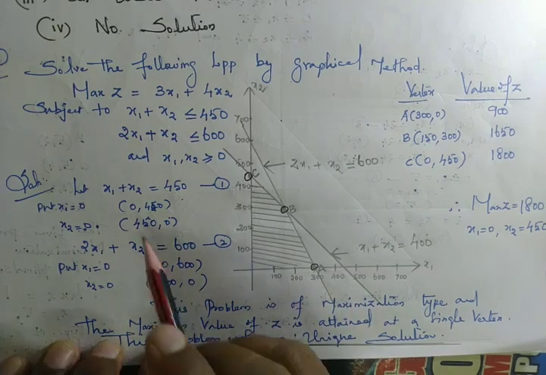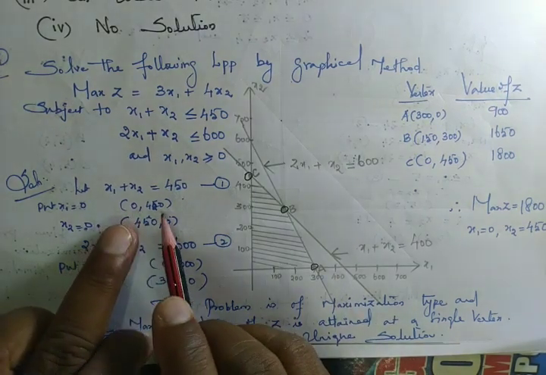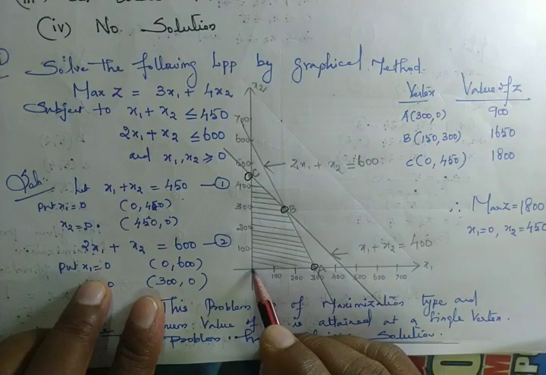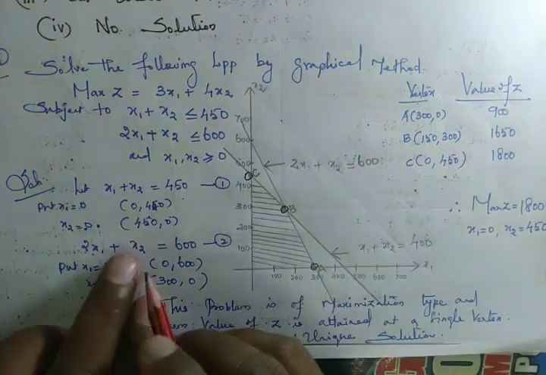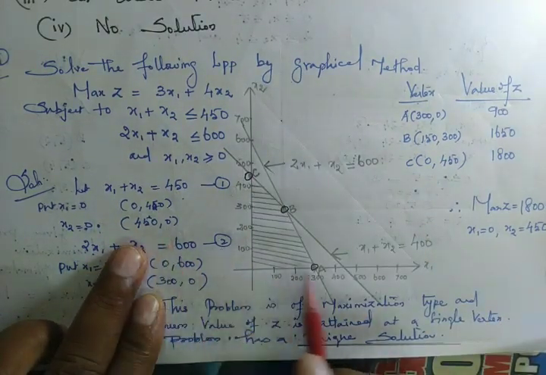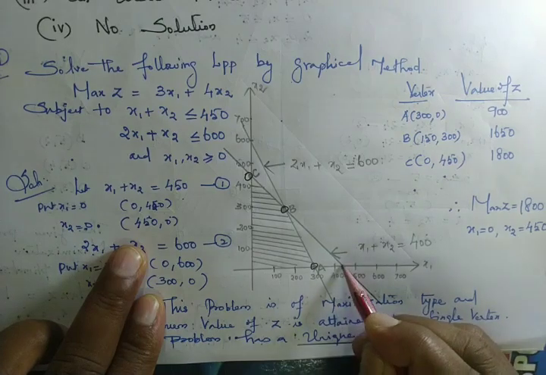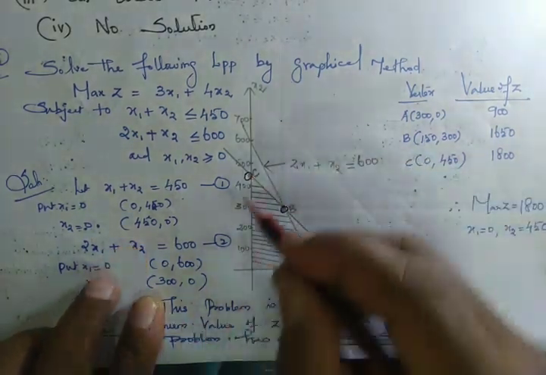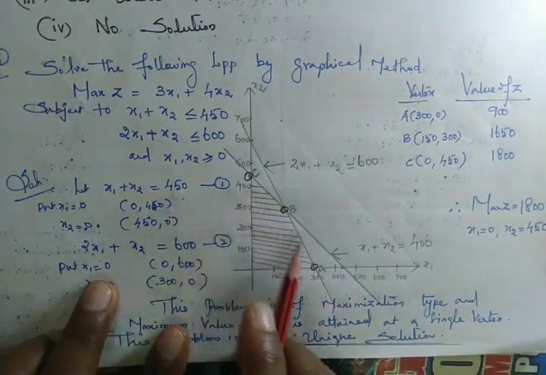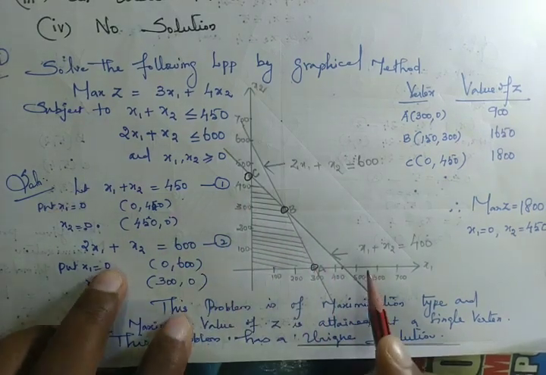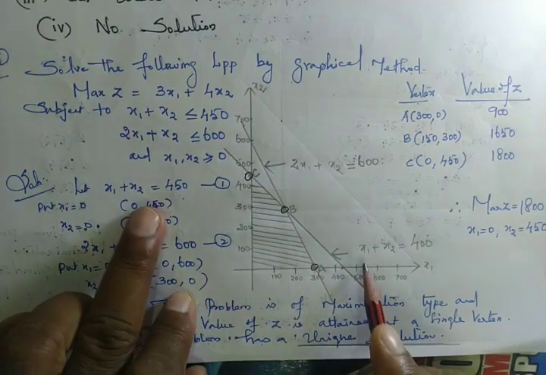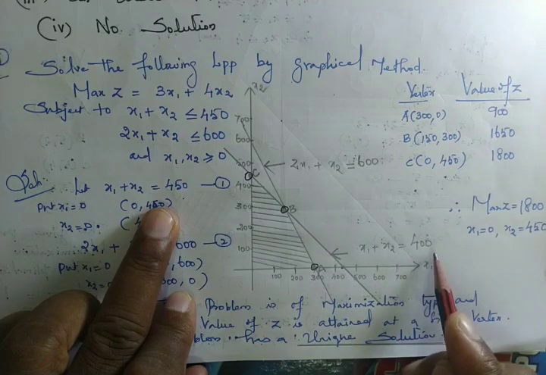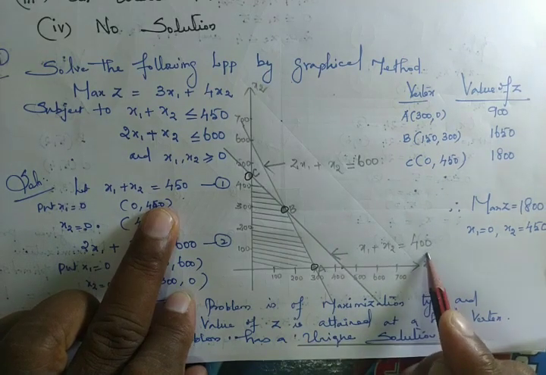The first set of points is 0 comma 450 and 450 comma 0. Joining these two points, we get the line equation x1 plus x2 equal to 450. This is the first equation.